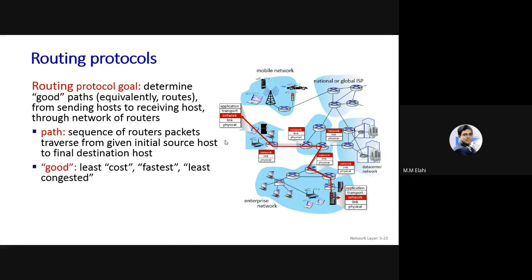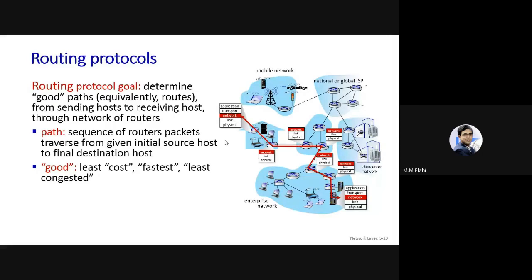Now, how do you measure the goodness of a path? In terms of cost. It should have the least cost, or take the minimum time, or be the least congested. Least congested means it will select the path where the jam is minimum. For example, if you move from one place to another, you always think about the best path in terms of distance, time, and expense.